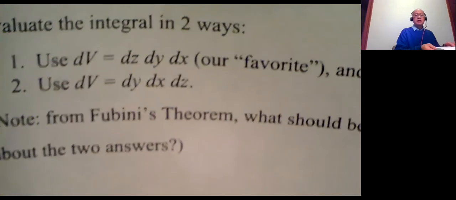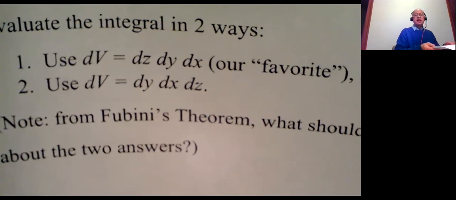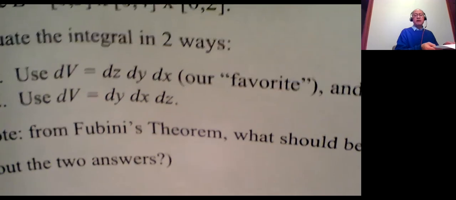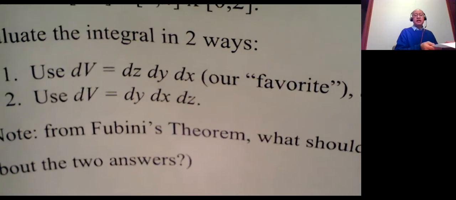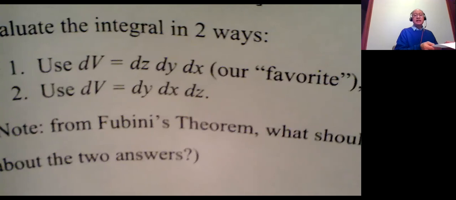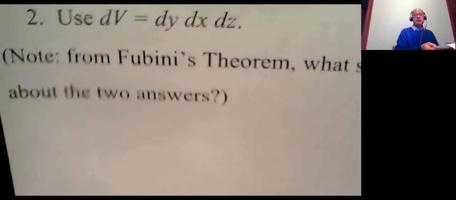And I want you to integrate two ways. Number one, let dv be dz, dy, dx. That's our favorite. Number two, use dv as dy, dx, dz. You don't really need the bottom part, but just from Fubini's theorem, what should be true about the two answers? It should be obvious what the answer to that is, right?